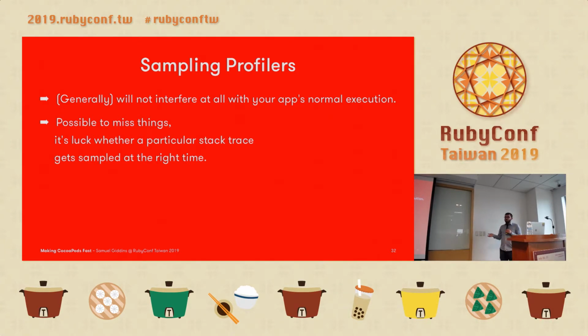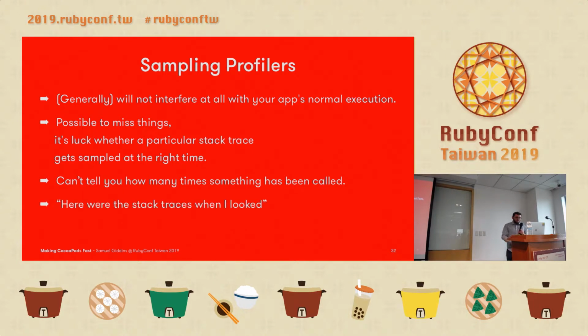And it's luck whether or not you'll capture any particular stack trace. It's whether your program gets paused and sampled at exactly the right time. As a result, you can't tell exactly how many times something has been called, or whether even a really, really fast method has been called at all. You just get an answer to the question of, well, what were the stack traces when you paused the program and looked at them? And what you typically look at is, well, what's at the top of the stack at that time?